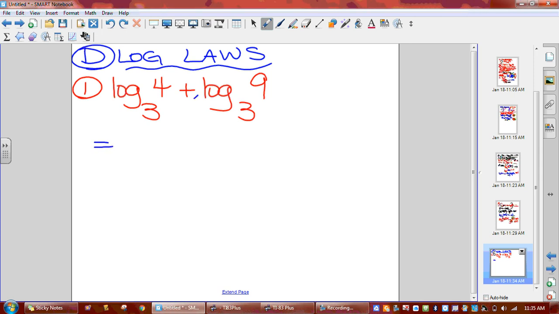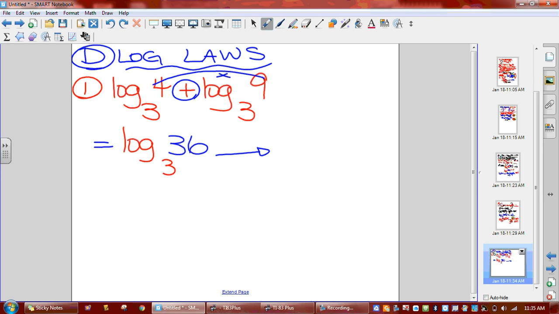We change the plus sign to a multiply sign to combine them, and what we actually do is take the 4 and the 9 and multiply them. So we're going to get log base 3 of 36. And then we would solve it if we can. So we would type in log 36 divided by log 3, and we would get our answer. Okay? I'll let you guys solve that one.